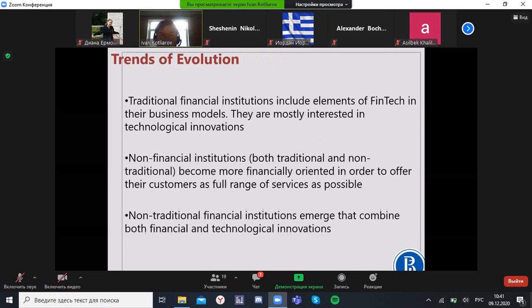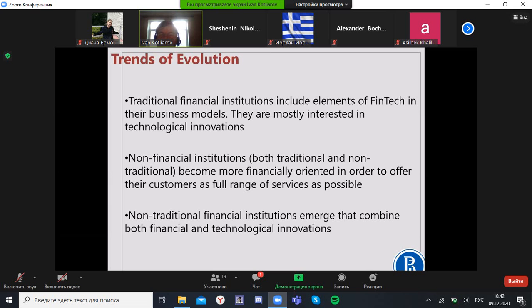Okay, so let's continue. Ladies and gentlemen, what are the trends of evolution of the digital finance or fintech? Well, we have to understand that traditional financial institutions include elements of fintech in their business models.